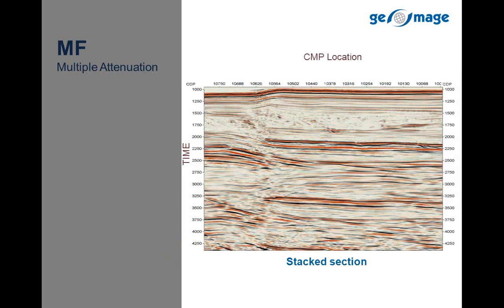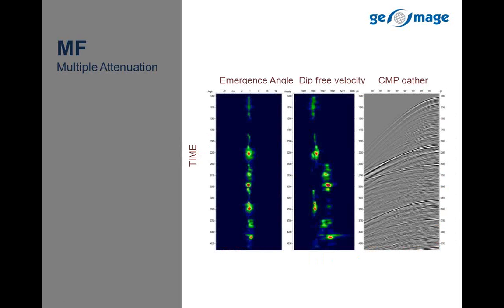Look at the example. This is a stack section with a strong multiple at a time of about 3.2 seconds. These are the multifocusing parameters: emergence angle, velocity, and the CMP gather.